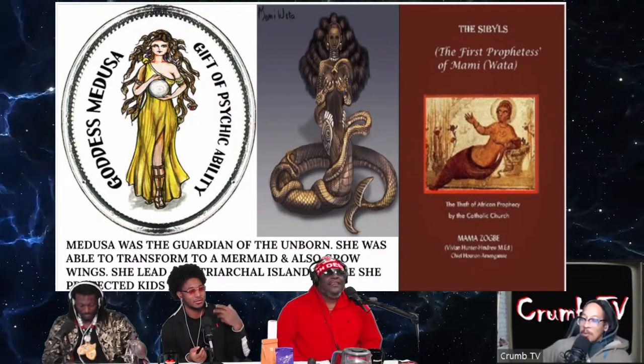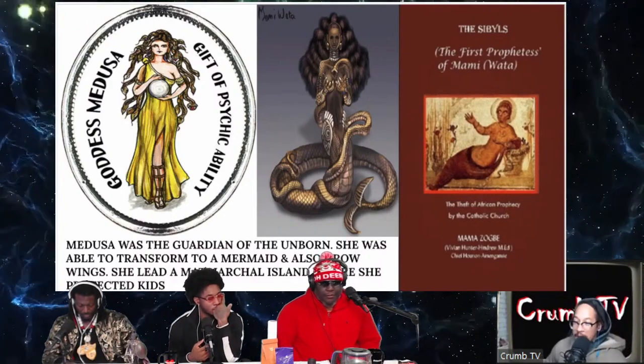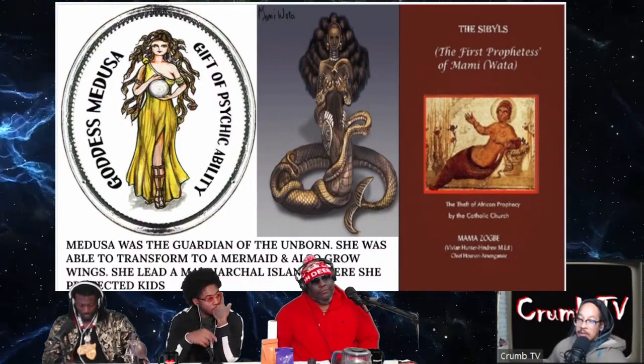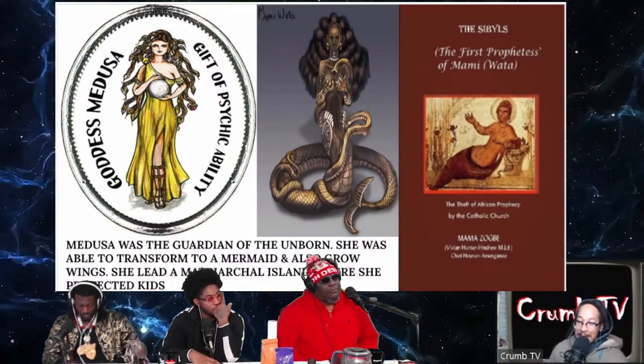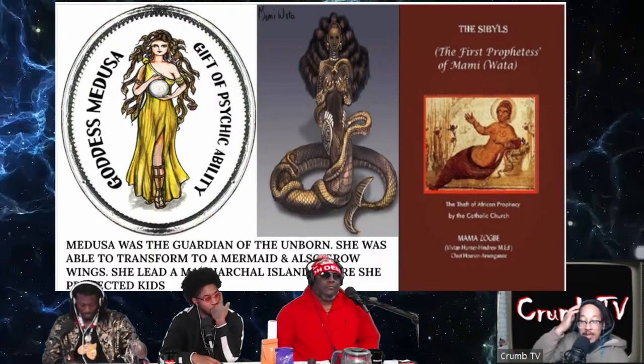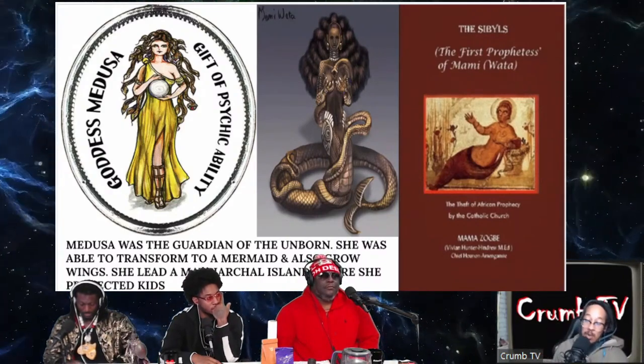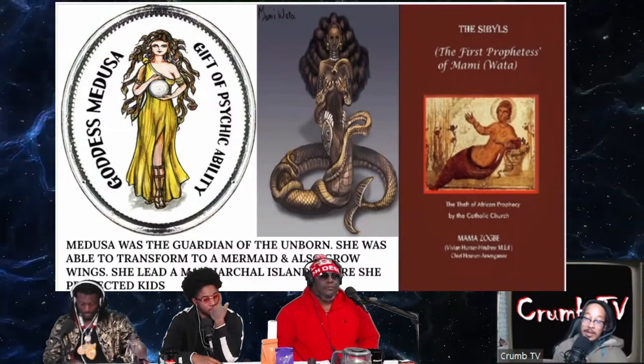Medusa was the guardian of the unborn. She was able to transform into a mermaid and also grow wings. She led a matriarchal island where she protected kids. This is what Lilith is doing because they killed her babies.